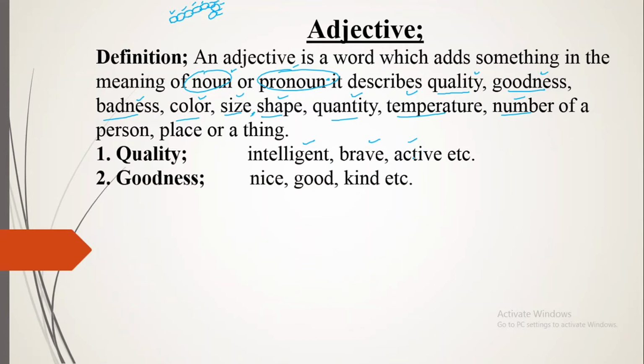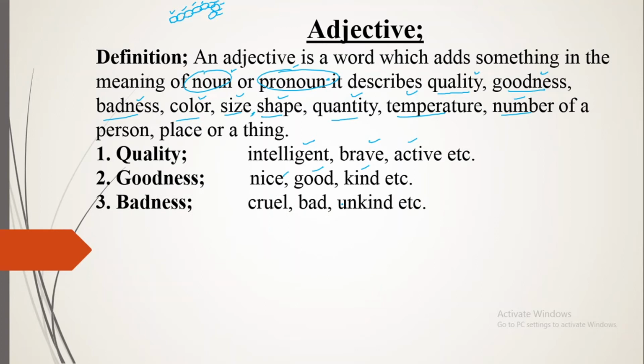Second example, we have goodness. Nice, good, and kind are called goodness. I say he is a nice person, she is a good doctor, and he is a kind man. So nice, good, and kind are adding something in the meaning of noun. That is known as adjective.